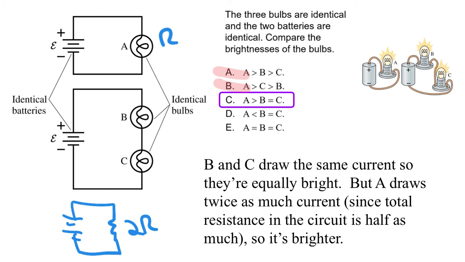Since we have twice the resistance, we'll get half the current. So we have a smaller current here, and the same for B. For instance, we have a half I. If this is I, we have a half I squared times R, which is clearly less than A. So it has to be that A is more than B is more than C.